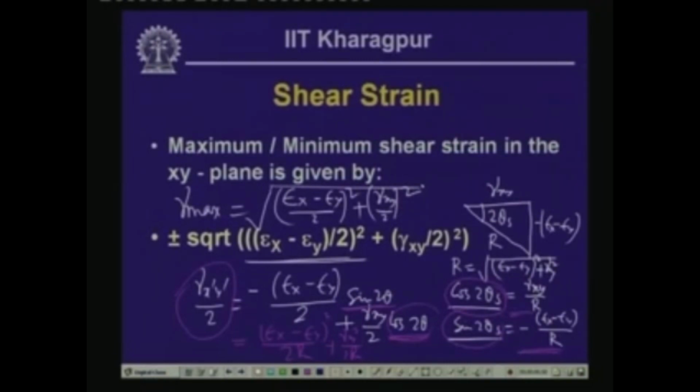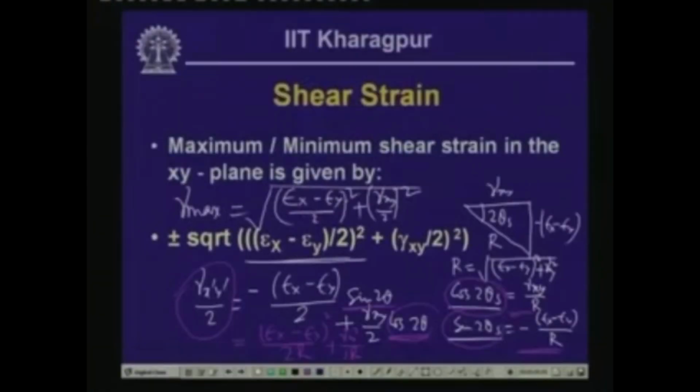Similarly, as we did in the case of the maximum normal strain, where we had two angles 2 theta p and 180 degree plus 2 theta p, here also we have two angles, 2 theta s and 180 plus 2 theta s. If we substitute the corresponding values, we will get the value of the minimum shearing strain.